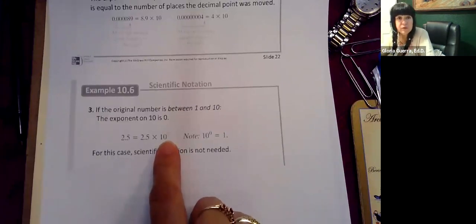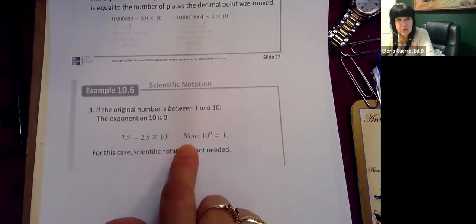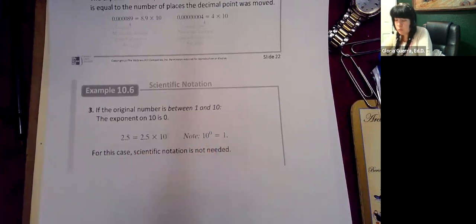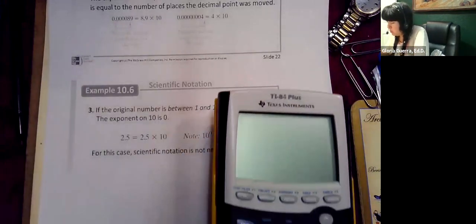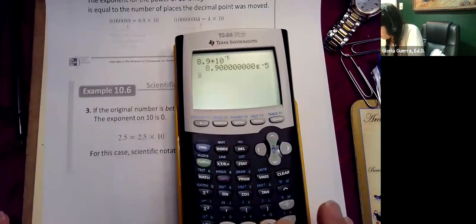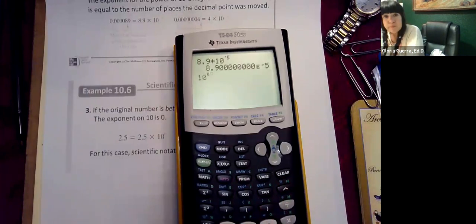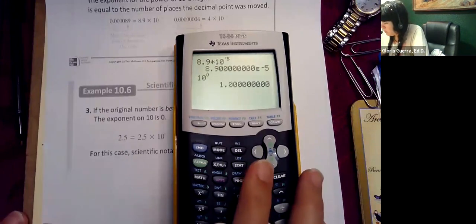So they have this 2.5 equals 2.5 times 10 to the 0. And they're telling you that 10 to the 0 is 1. So we should be able to show that on this calculator. Let's see. 10 raised to the 0 power, yep, is equal to 1. 10 raised to 0 power is equal to 1. Okay, that's true.